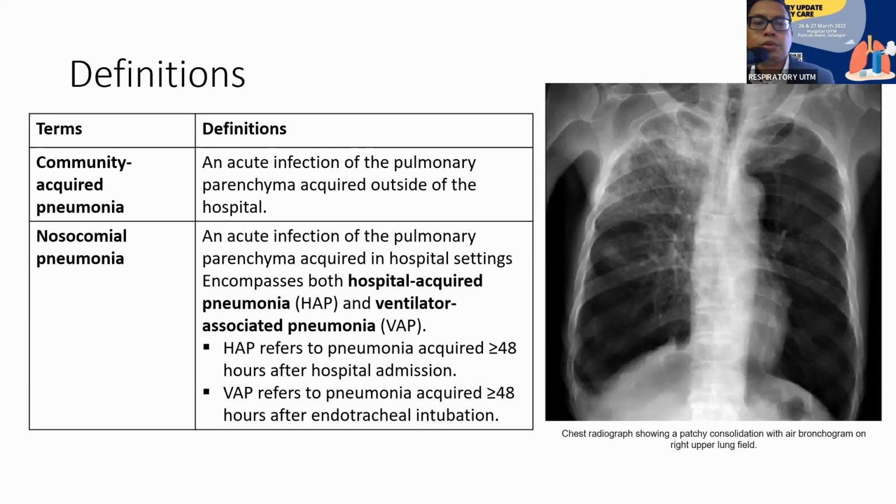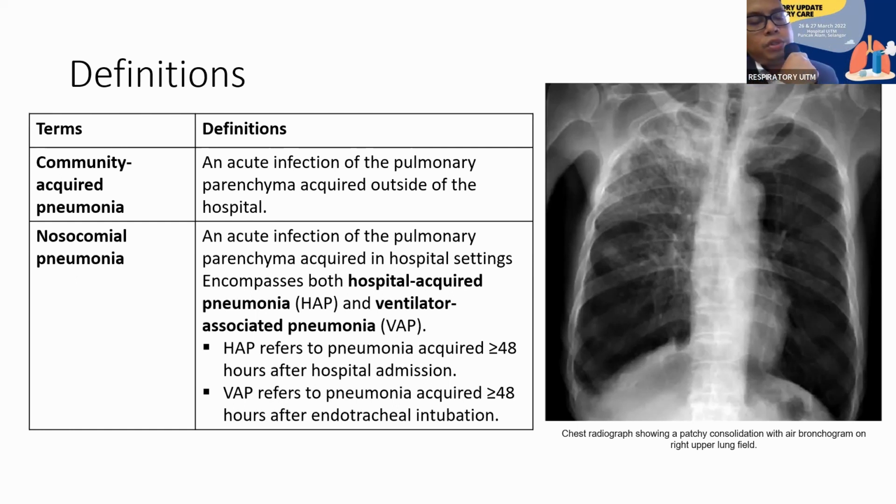Hospital-acquired pneumonia refers to the onset of pneumonia after 48 hours of hospitalization. VAP refers to pneumonia after 48 hours of intubation.